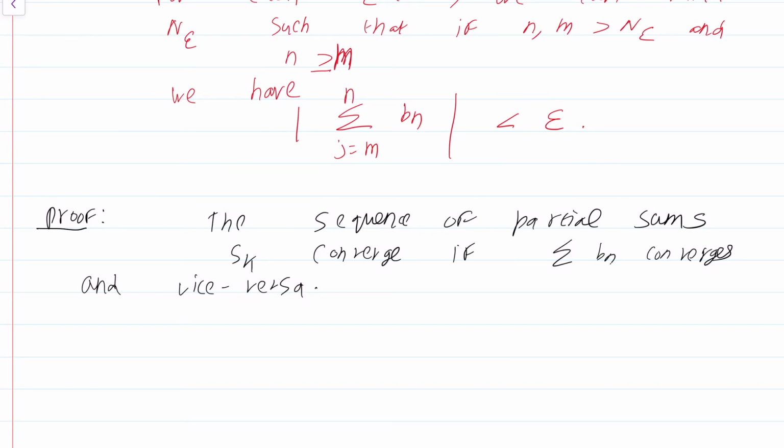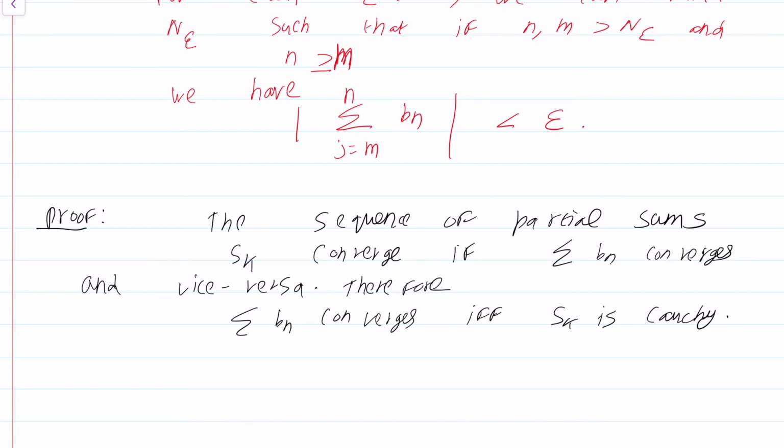Therefore, summation Bn converges if and only if Sk is Cauchy. This is where Cauchy convergence criterion comes into the picture, not the previous sentence. Sorry about that goof up. So summation Bn converges if and only if Sk is Cauchy.